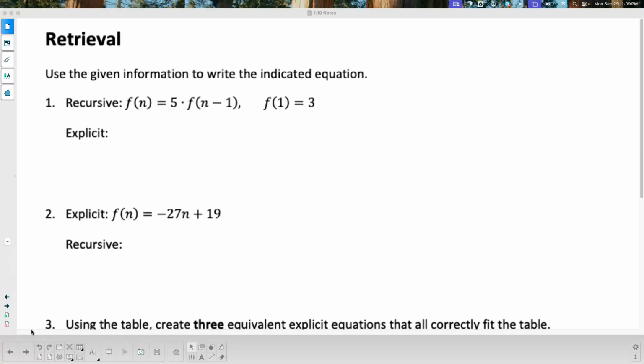What do we know? 5 times 3 equals the next term. Okay. Yeah, 15. Okay, 15 would be the second term. What do we know? It's geometric. Alright? So if it's asking us for an explicit, we're going to have to get a geometric explicit equation. Okay? Alright, so what does the geometric explicit equation start with?